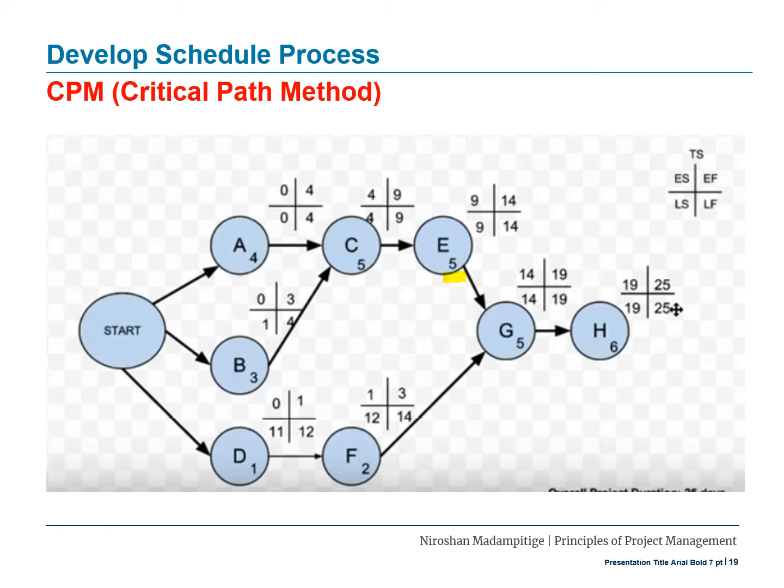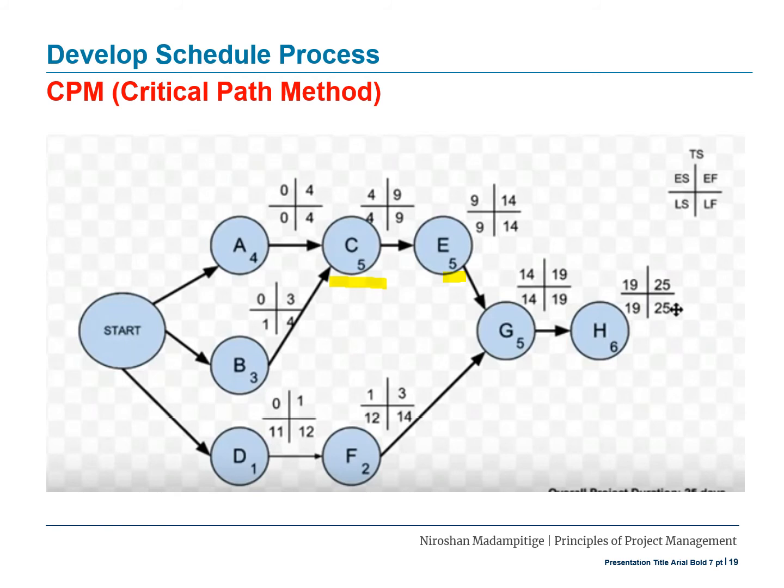So 9 plus 5 becomes 14, that is the late finish. And again calculate this the same way. So you calculate the late start and late finish, right? 9 minus 5, that is 4, is the late start. 4 plus 5 is 9, is the late finish.